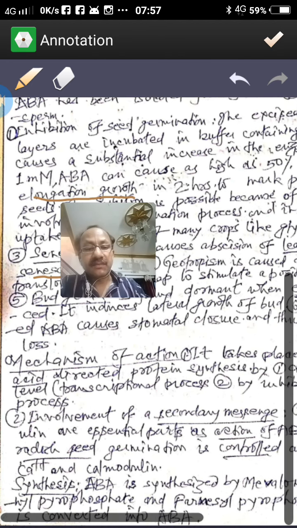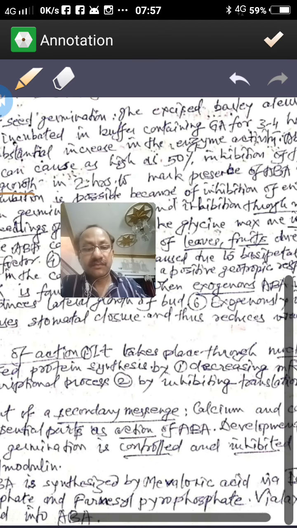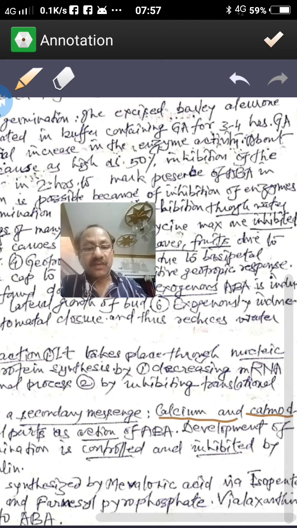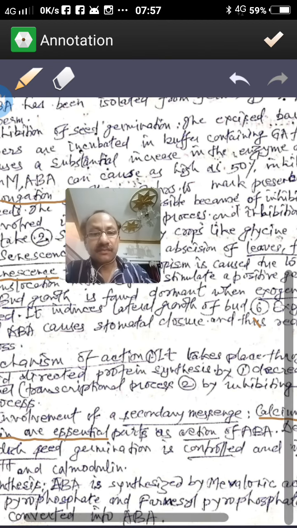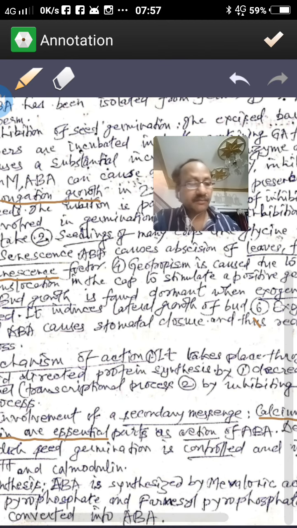It is the mechanism. Calcium and calmodulin are essential to proceed the action of abscisic acid.